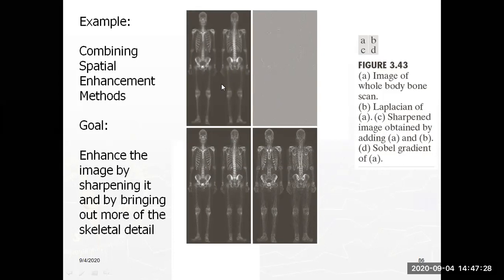I want to sharpen the image, and for that use a Laplacian for the blurring purpose. The third one is sharpening by adding these two. But if you apply a Sobel operator with scaling, the image will be like this. The fourth one is very clear compared to the first one.